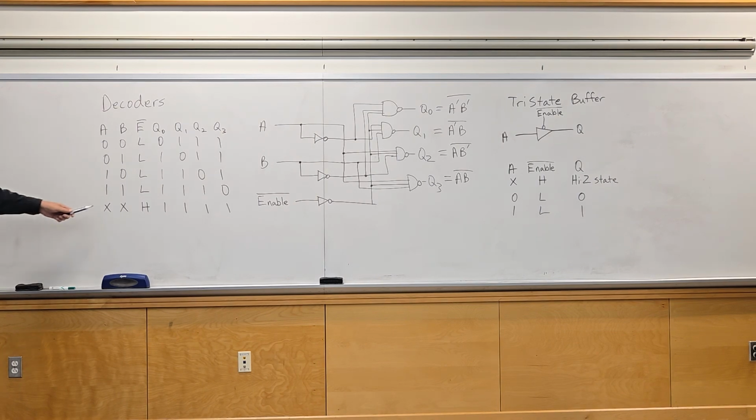It doesn't matter what A and B are. If you have an enable bit there, you can select which one.